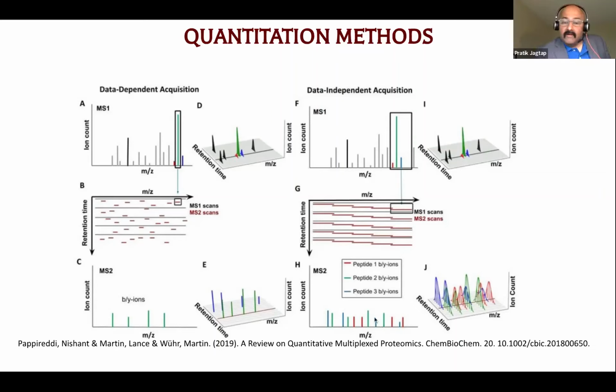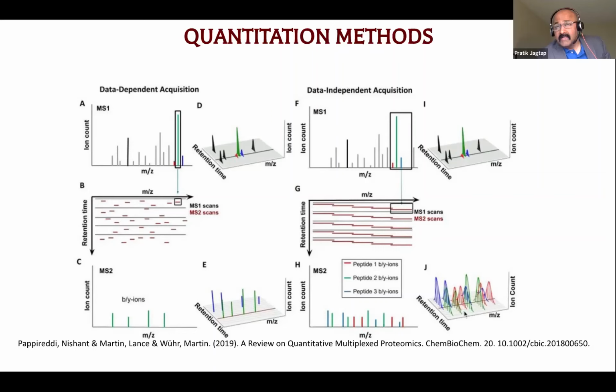So there is software used to deconvolute this data and find out what proteins or peptides have been detected here. One of the advantages here is that you can generate this digital map of that particular proteome, and also end up detecting these medium or low abundance peptides in these samples.